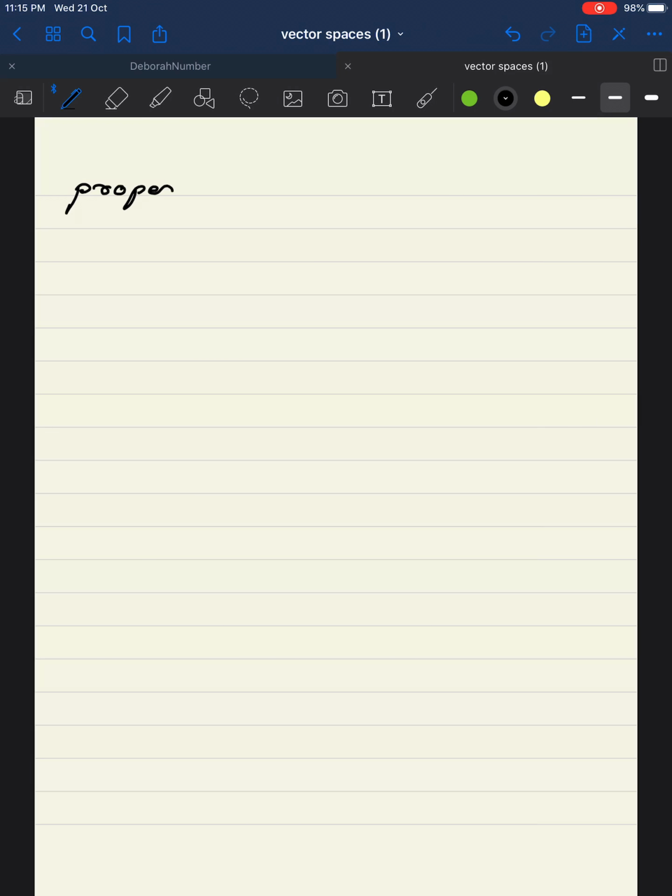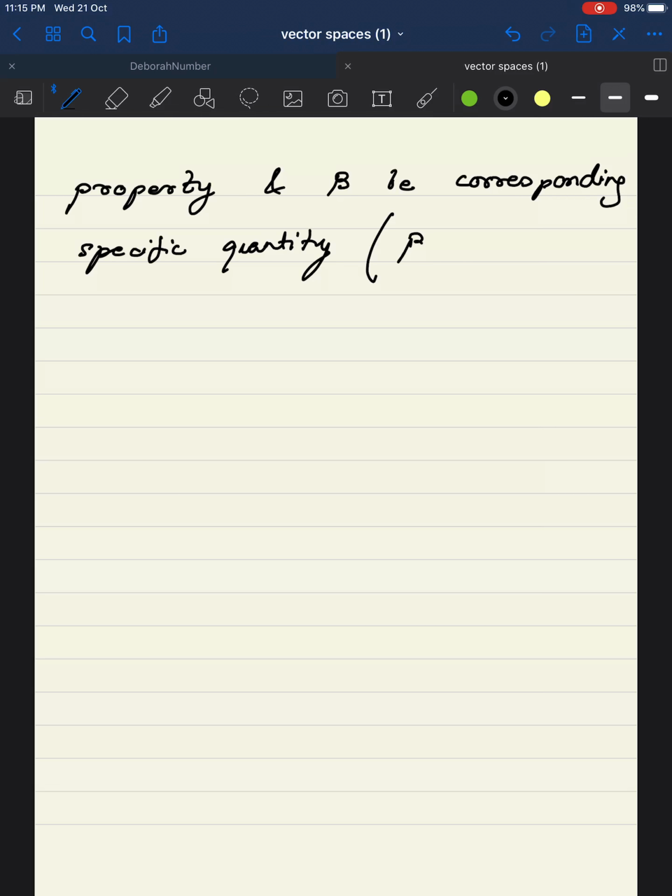That is a property that can be moved from one location to another, and this is an extensive property, and let beta be the specific version of that. So beta is the corresponding specific quantity. That means that beta is equal to dB by dm.